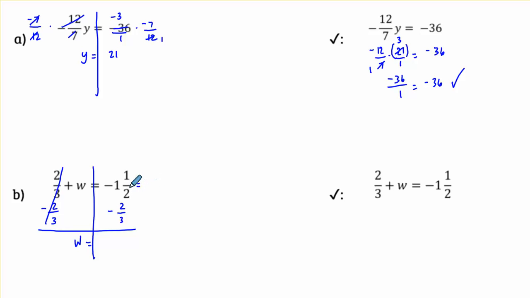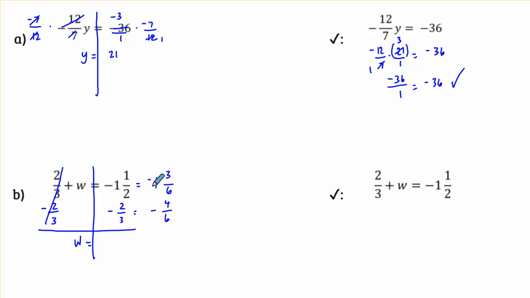So the common denominator here would be 6. So this would be 3/6 with a negative 1 in front, and that's going to be 4/6 with a minus in front. Okay, and now we're ready to leave, change, opposite.